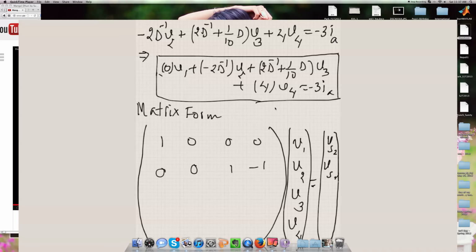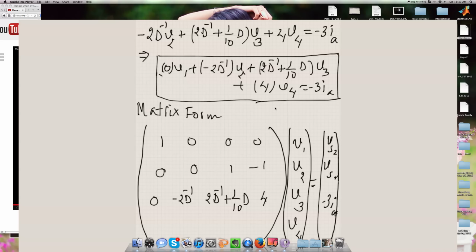Next we have 0, minus (2D minus 1), 2D minus 1 plus 1 over 10 D, and then 4, minus 3IA.